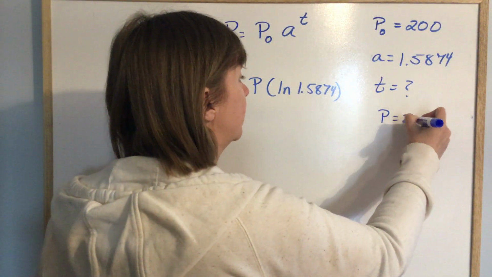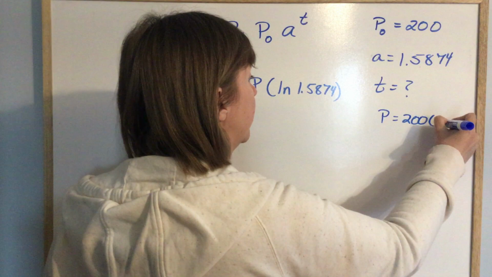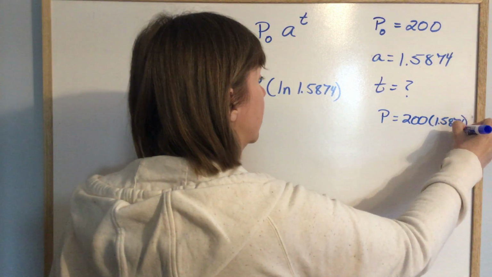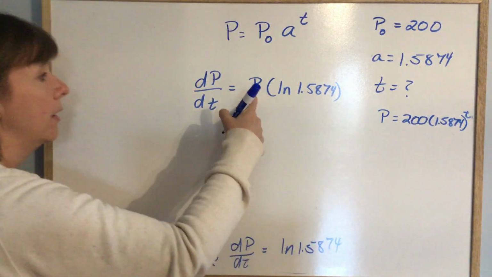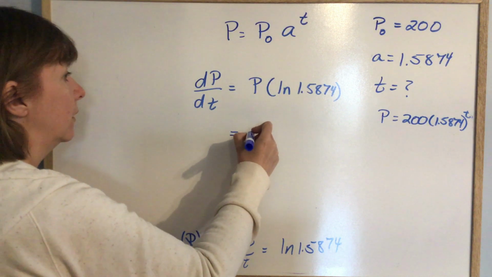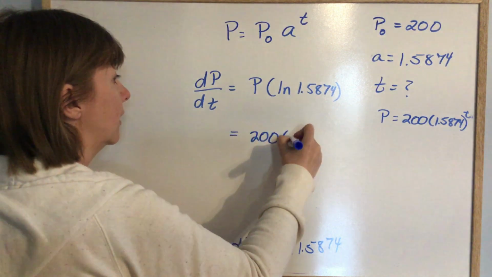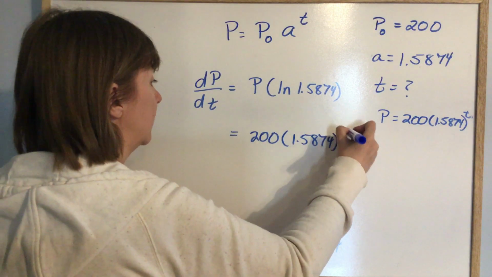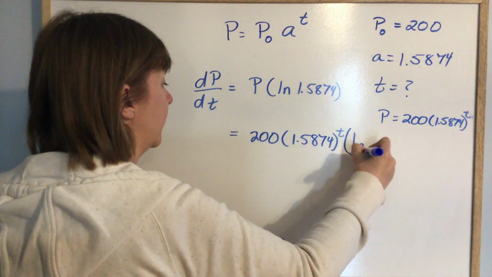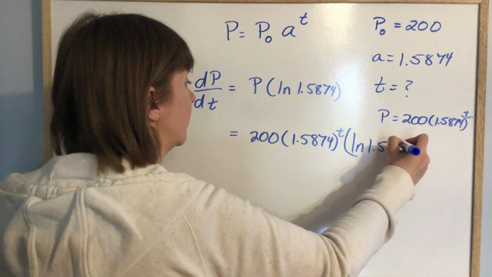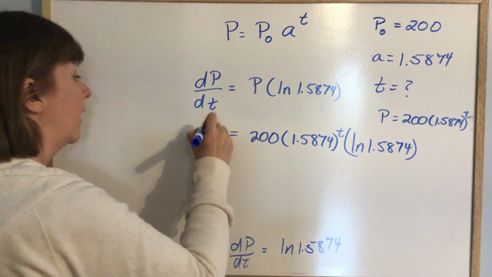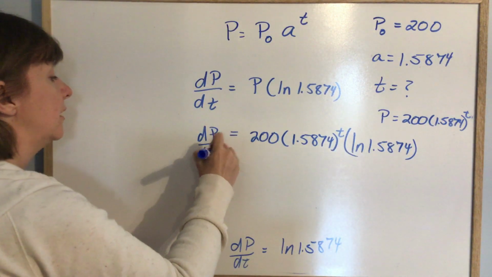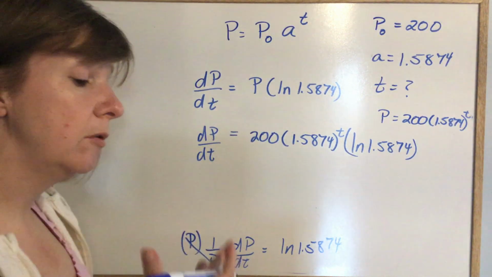Remember that p was 200 times 1.5874 to the t, right? So I can replace p with 200 times 1.5874 to the t times ln of 1.5874, and that is dp over dt. That is the derivative. That is the rate of change.